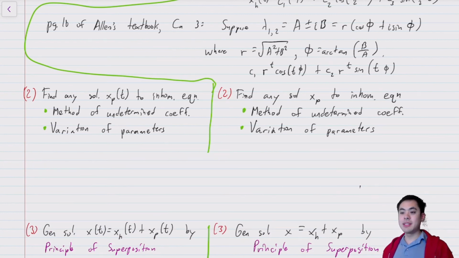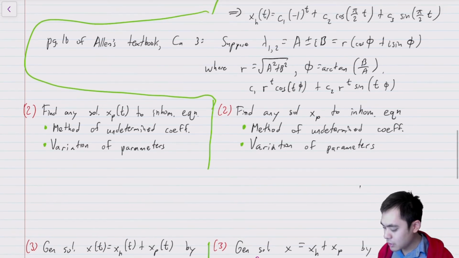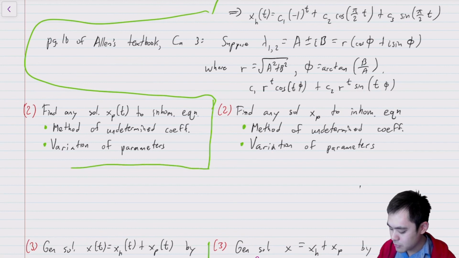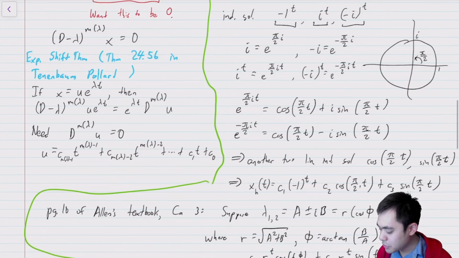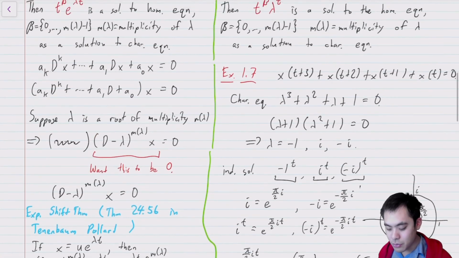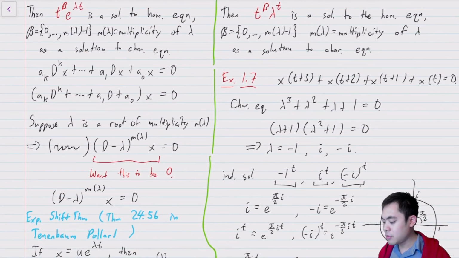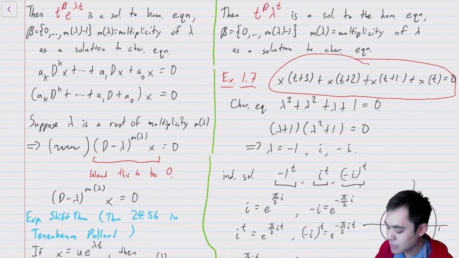So, how do we guess these solutions? Well, you just have to provide an ansatz in the same way that you did for the linear ODEs. Let's continue the example from above. We found the homogeneous solution to example 1.7, where we had x of t plus 3 plus x of t plus 2 plus x of t plus 1 plus x of t equal to 0.